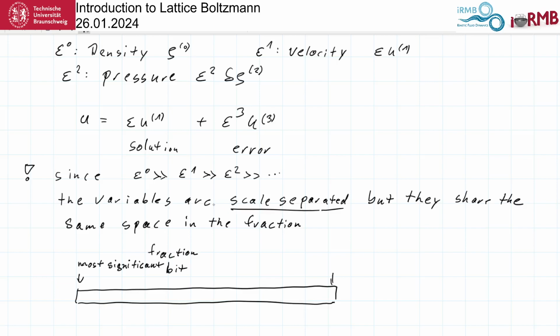And here in the end we have the least significant bit. So what does it mean they share the same space in the fraction? So the floating point number is made up of sign, exponent, and then fraction.